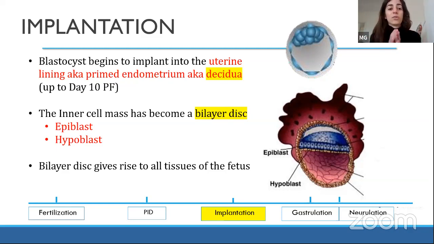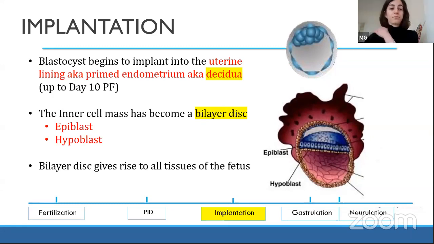The endometrium will only be primed for 2 or 3 days in a cycle. And so it means that up to 10 days that can work, but after, the window is very short. Afterwards, the endometrium won't be ready anymore, so it won't be able to implant.